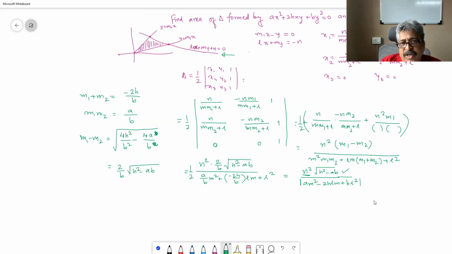And why should this expression be in the denominator? What is the inference that you can draw from here? If the given line coincides with any one of the two lines, can we say so?